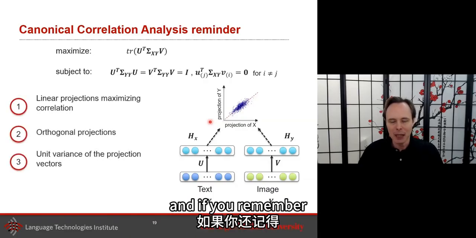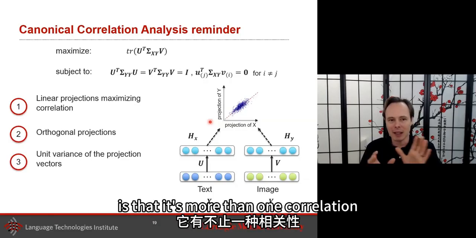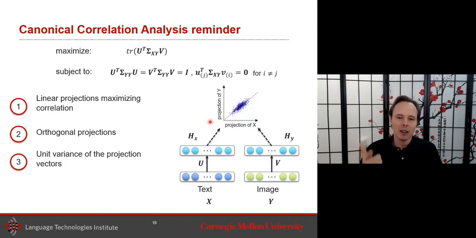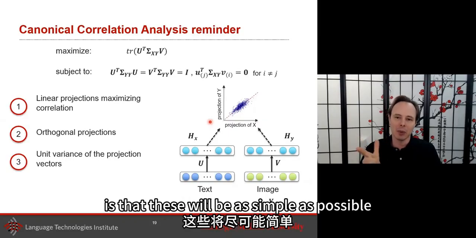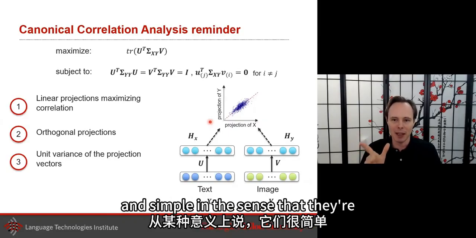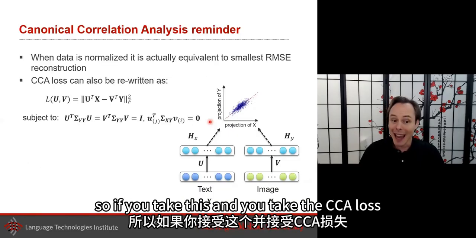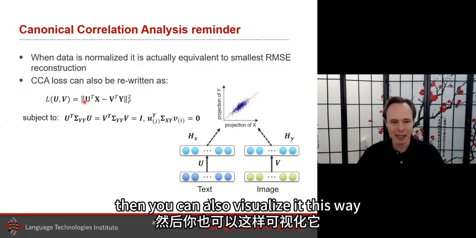If you remember, the reason it's called canonical correlation analysis is that it's more than one correlation. We're finding many different projections, the ways the text and image could be correlated. But what makes it canonical is that these projections are as simple as possible, in the sense that they're orthogonal to each other. If you take the CCA loss and put it in a matrix format, you can also visualize it this way.